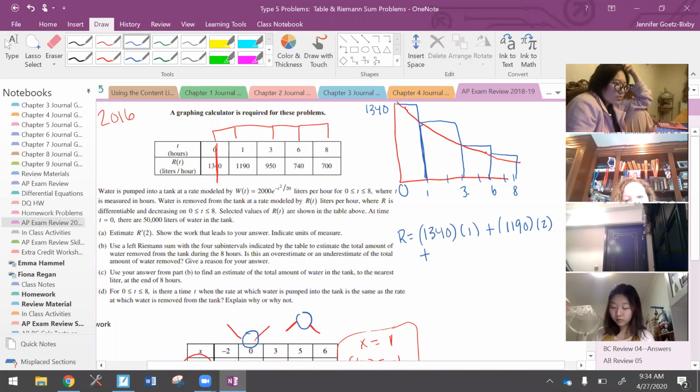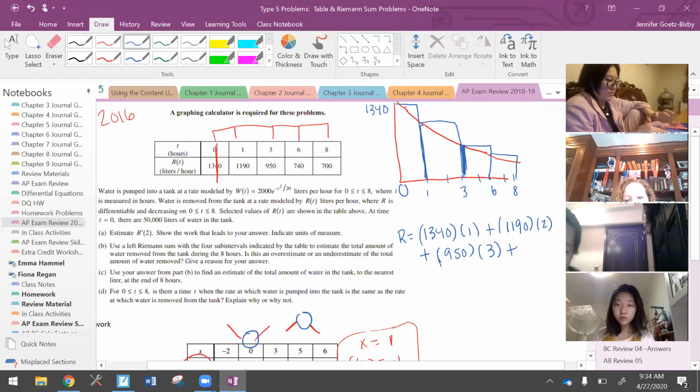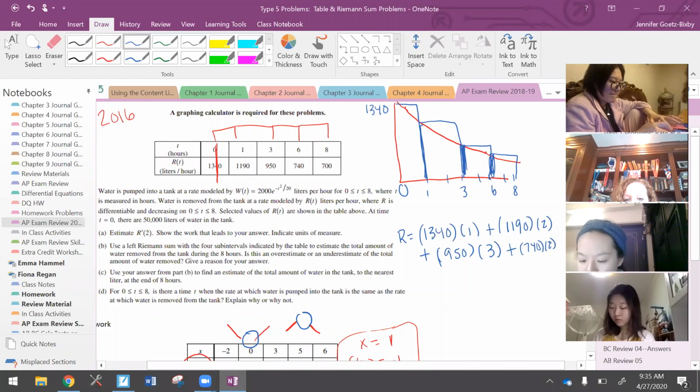The next one is from 3 to 6, and I'm going to take the height for R of 3, so that's 950, and the width of my interval is 3. And then for the last one, I'm going to take my height right here, which is 740, and the width of my interval is 2.